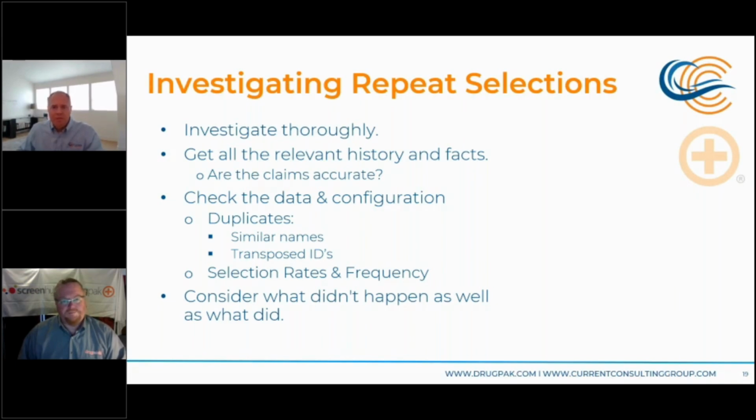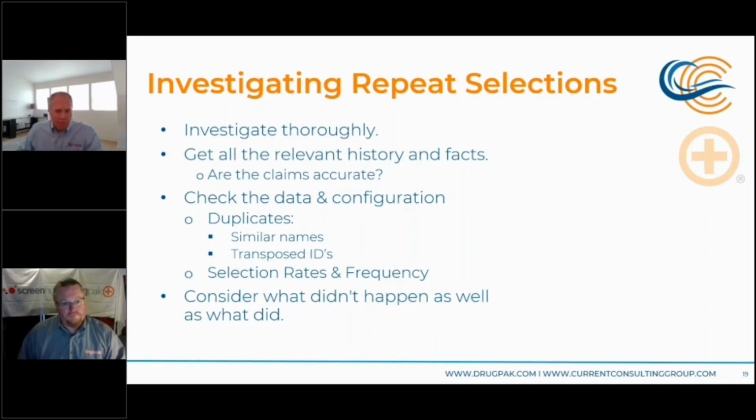Give me a few minutes, and we'll get back to you after we run a few reports." So the first thing we did was run a 6-month report to see how often this person had been selected. It turned out the person had only been selected twice: once 4 months ago, and then the current month.